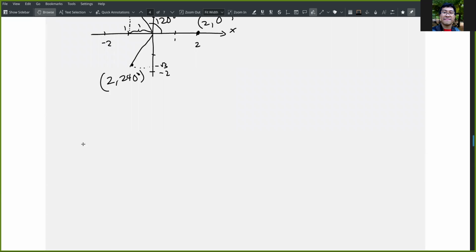So the cube root of 8 is therefore equal to a set containing 2, minus 1 plus i square root of 3, minus 1 minus i square root of 3, and that's it.